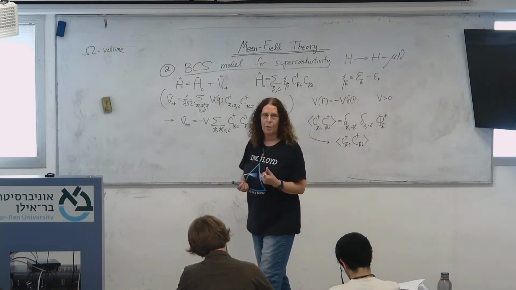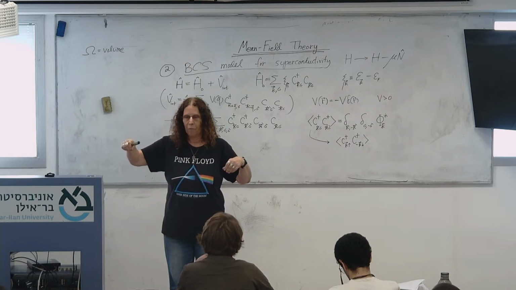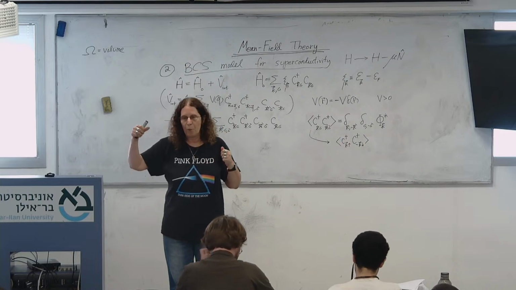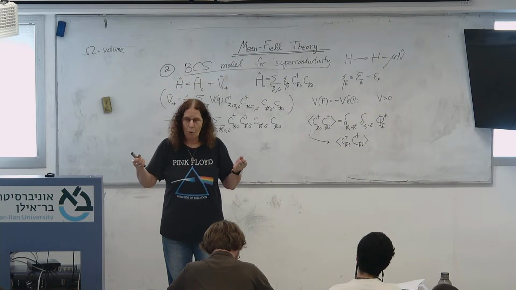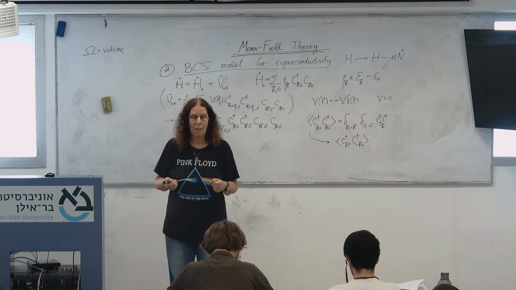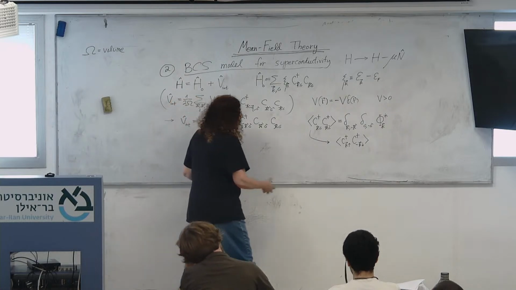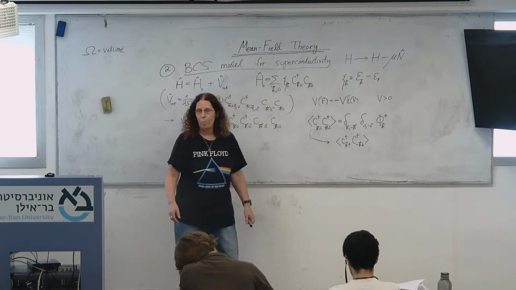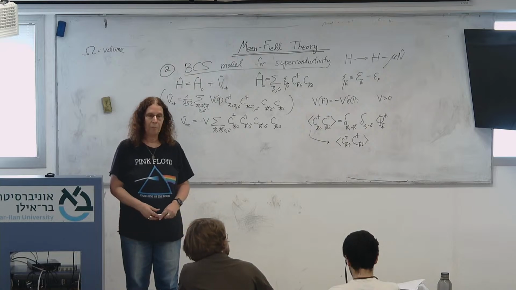Imagine that you take out of your Fermi sea two particles, two electrons with opposite momentum and opposite spins. And you somehow bind them together, you make a pair, okay? And this pair is described by this operator. So it's non-Hermitian, that's right.